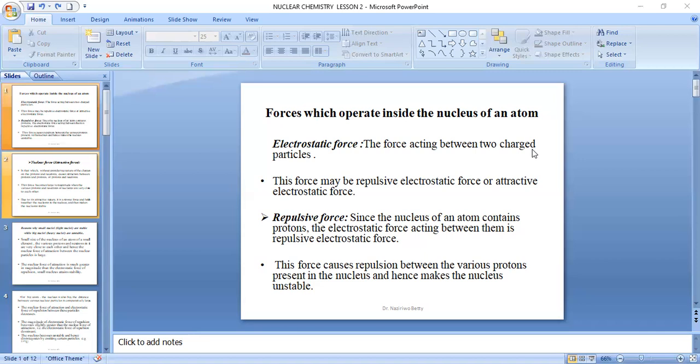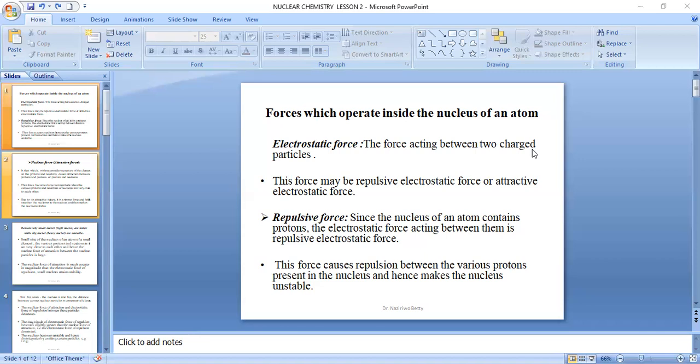We looked at the properties of the nucleus, which included the size and density, and we said that the size of the nucleus is smaller than the size of the atom. Then we said that the density of the nucleus is the same for all the nuclei.